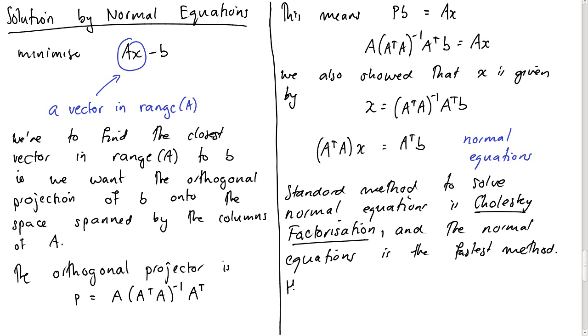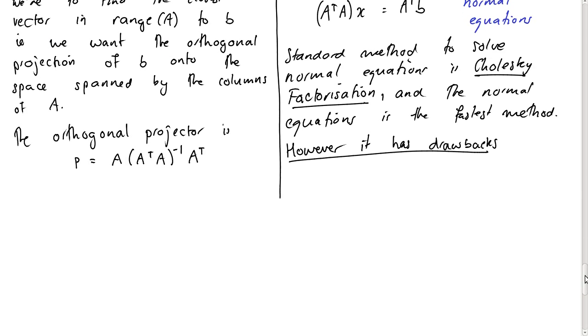However, it has drawbacks, which sometimes can be very serious. Okay, so let's just write the equations down again. I know we haven't defined the condition number of a non-square matrix, but you can imagine we can define a condition number of a non-square matrix in the same kind of way as we did for square ones.